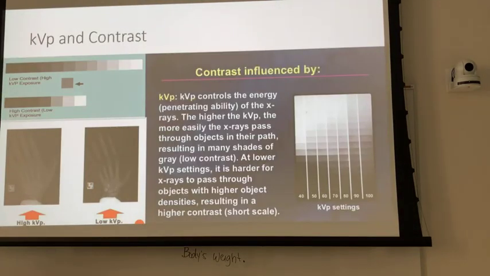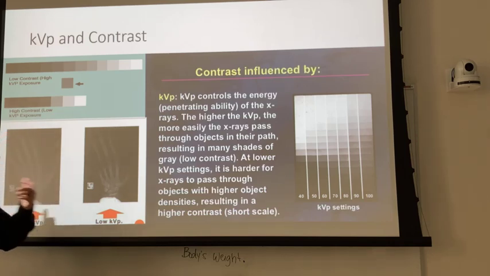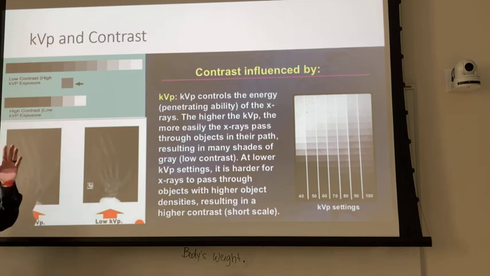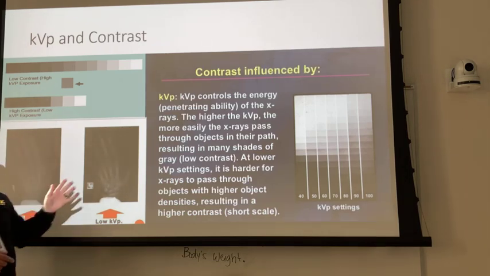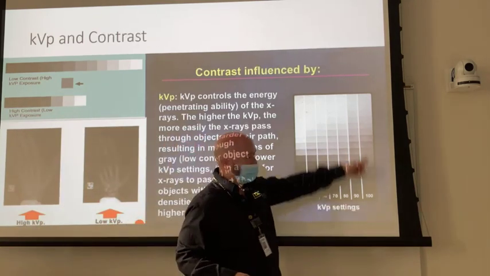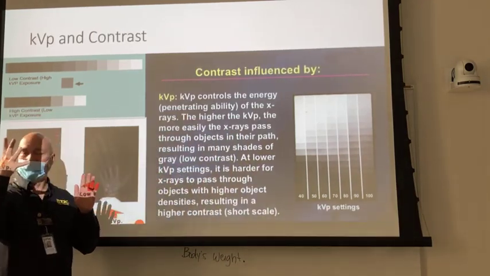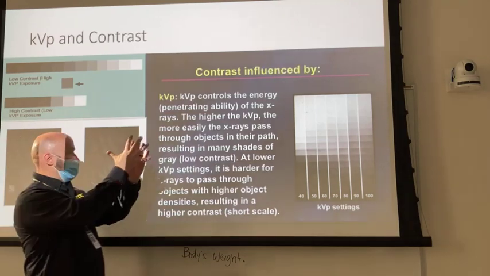So if you use the wrong KVP, say you make a hand exposure using 70 KVP, which is too high for a hand exposure, the range of exposures is supposed to be like this, but because you used too high a KVP, you got penetration that looks more like this. Well, you superimpose those two things, and what do you have?